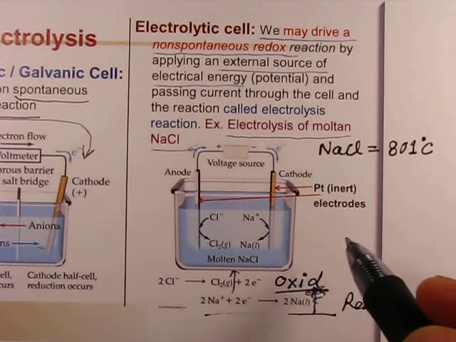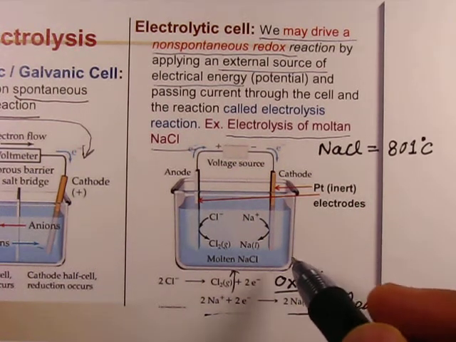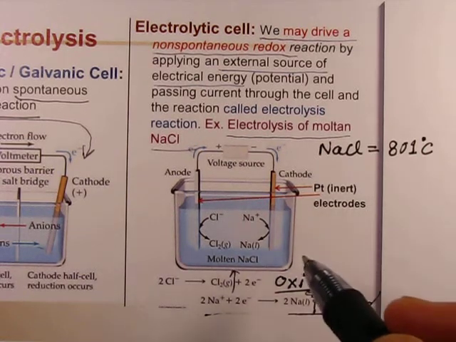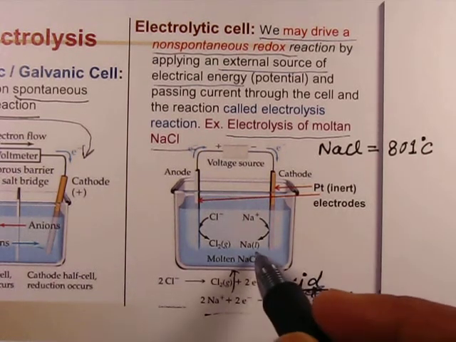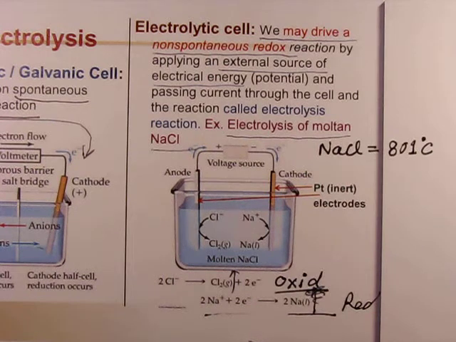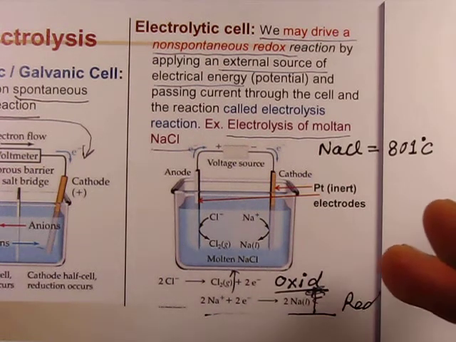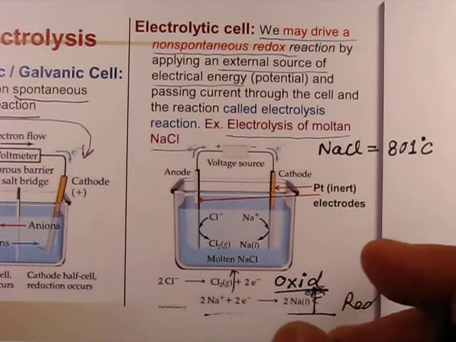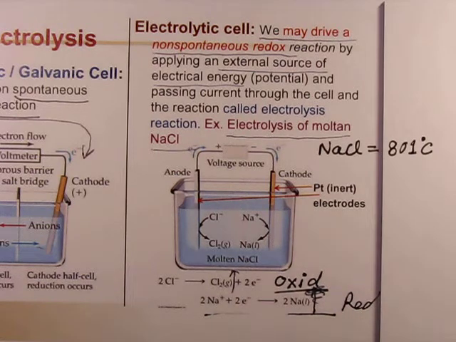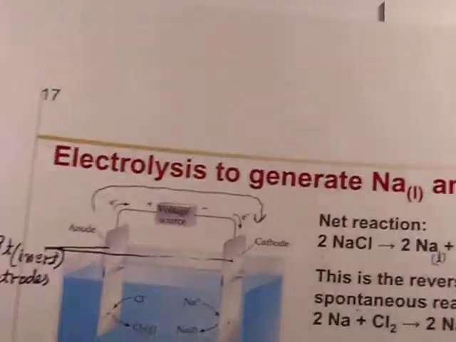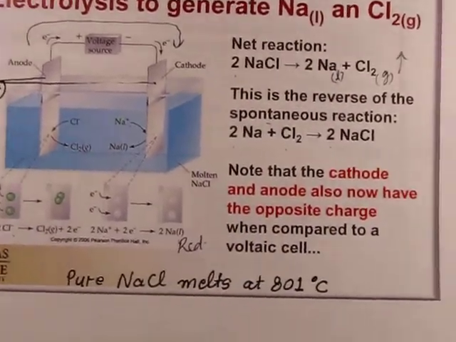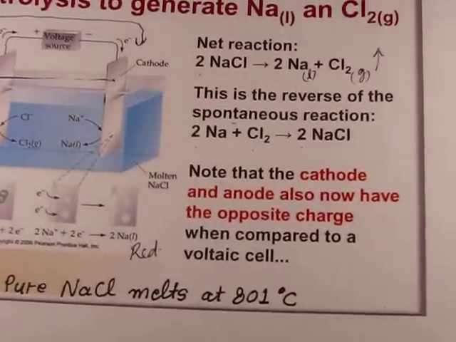Basically sodium metal is a liquid at this temperature, that is why it says L here. And even pure sodium is a soft metal. So let's look at this reaction in a little more detail.